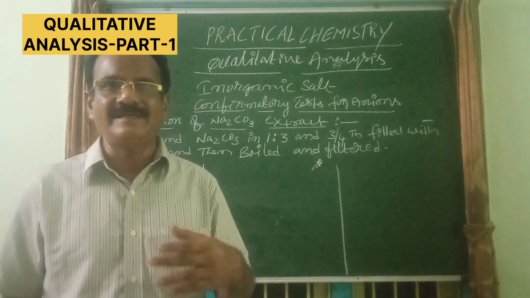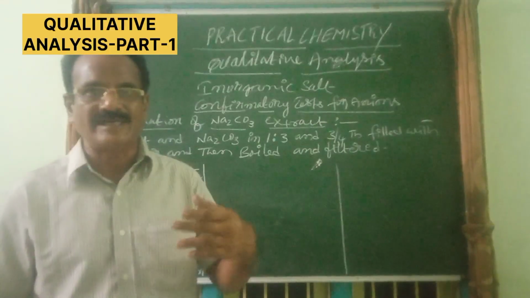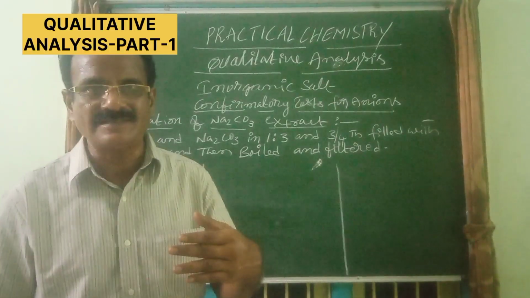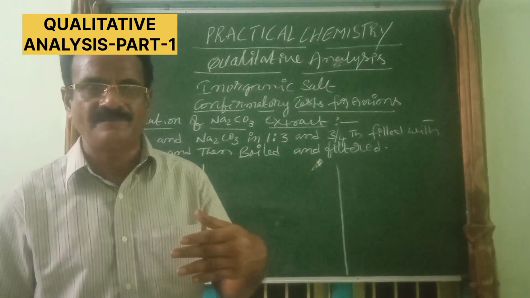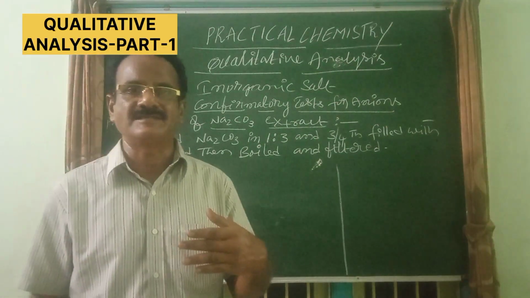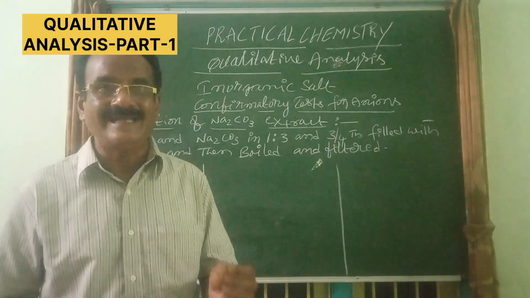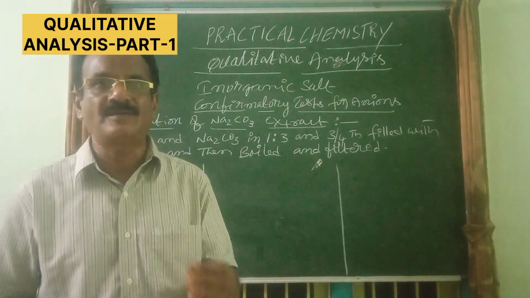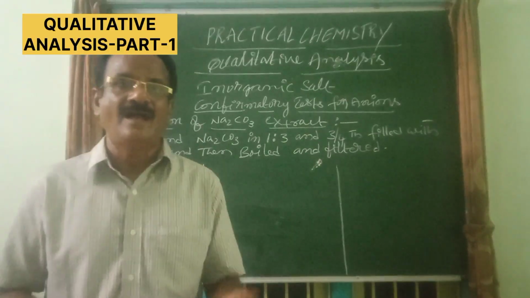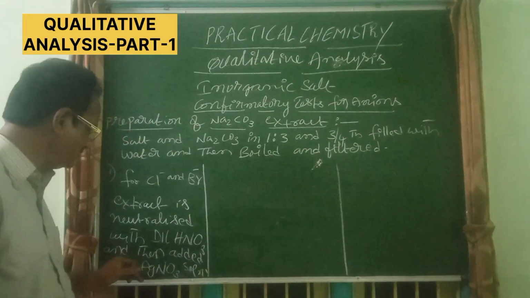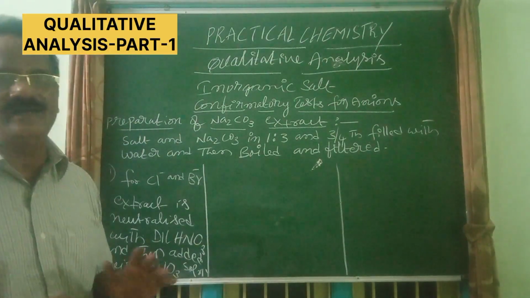When you add a dilute acid, neutralization will start and effervescence will start. At the completion of neutralization, the effervescence will stop. Then one can ensure that neutralization is completed. After that, the AgNO3 solution is to be added.